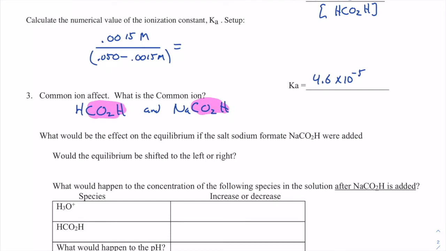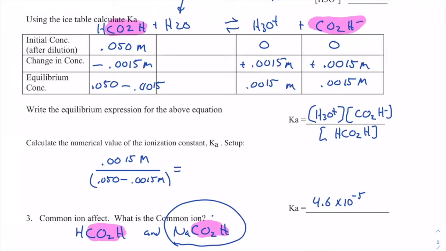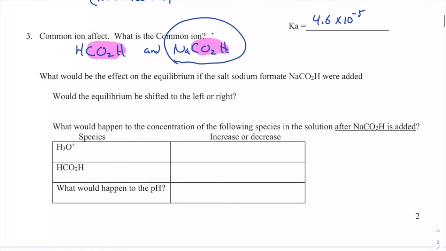So if we were to add the salt, and you know that in this case sodium compounds are always soluble, it's essentially like adding that species on the right, and that's going to shift the equilibrium. So let's take a look at how that works.